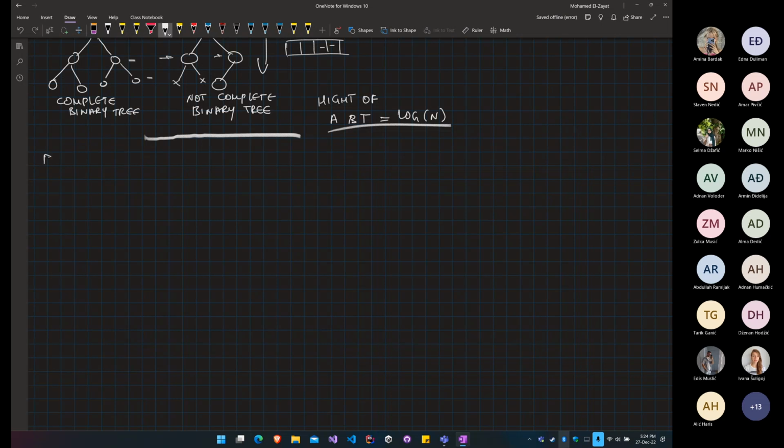So binary search trees are a special kind of binary tree, where elements are sorted, where the parent is larger than the child node.